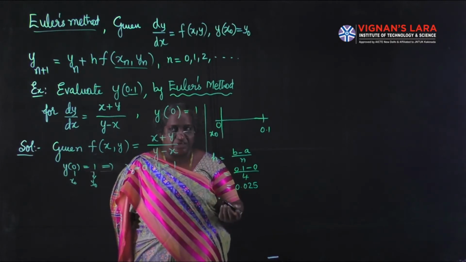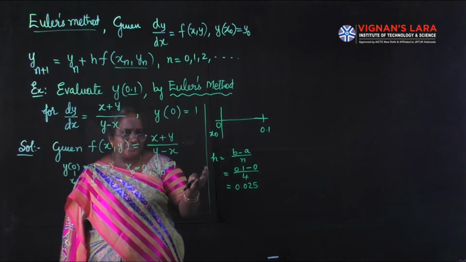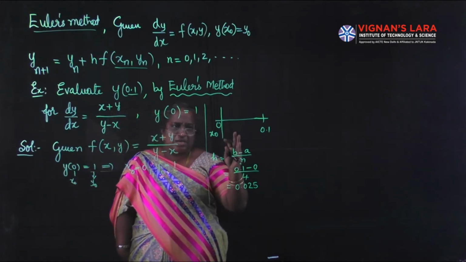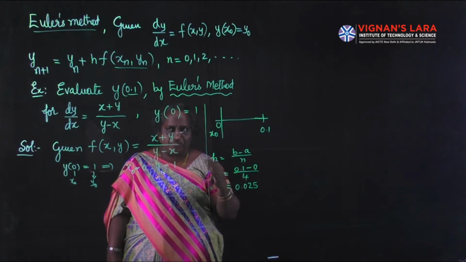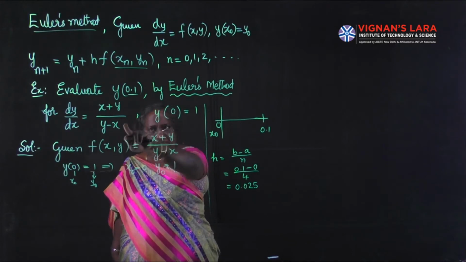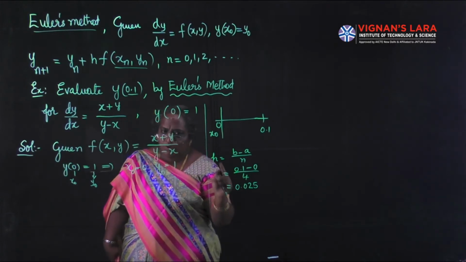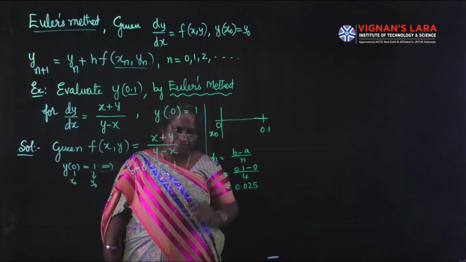Theoretical means what we have done: variable separable, homogeneous, linear, Bernoulli, exact, reducible to exact. If you solve this equation by any of those methods, the answer you get should be close to the numerical method. Then only that numerical method is good.